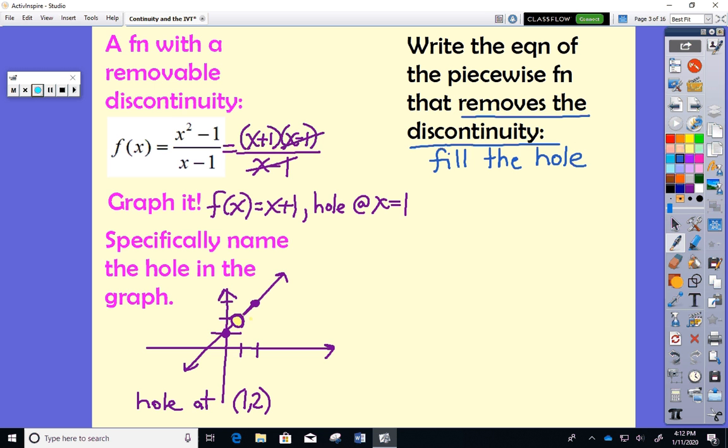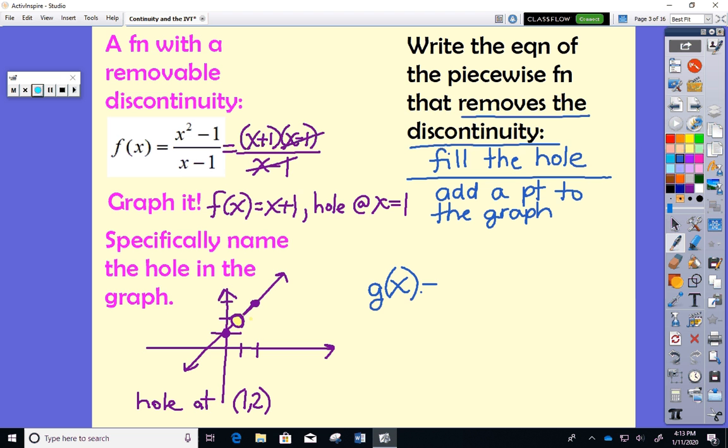Okay, what's that mean? It means adding a point to the graph that fills that hole. So once you realize that, it's not as hard as it looks. By the definition, let's call g(x) my new function, and it is going to be the exact same as f(x) with the hole filled.